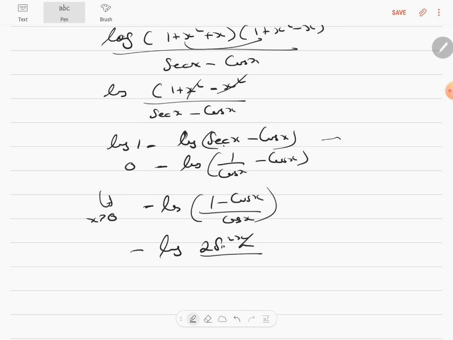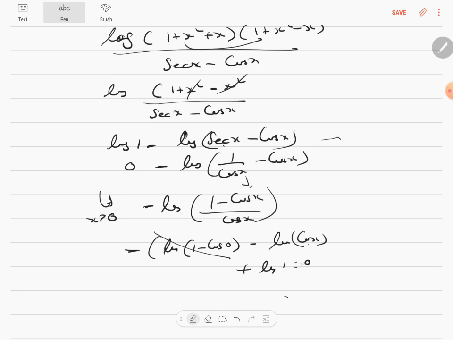Cos 0 is 1, so it becomes log 0 minus log cos x. There's a minus outside, and this gets to 0, and log of cos 0 is 1, so can I say the answer is 0? Not sure what I'm doing is right.